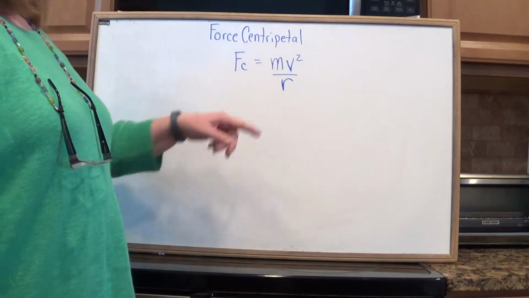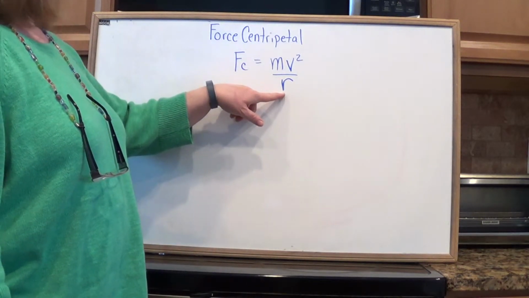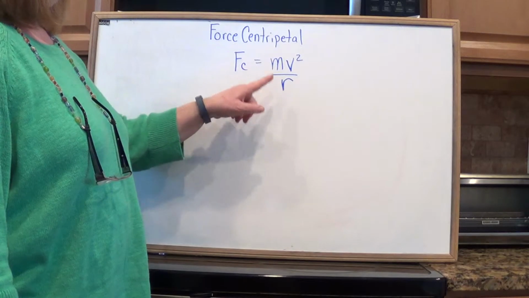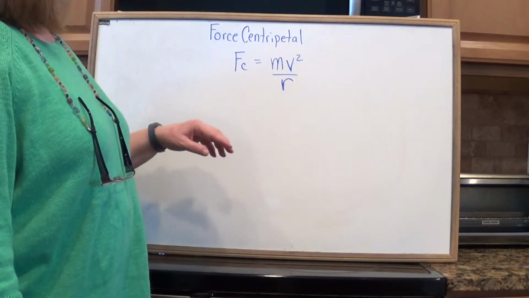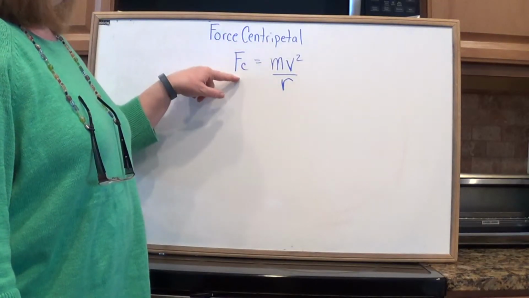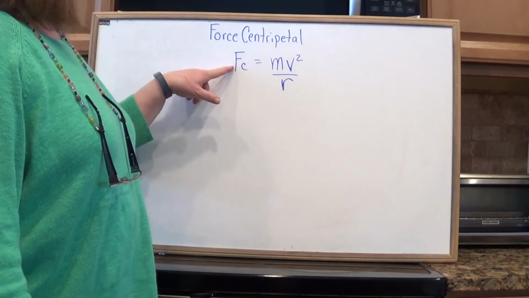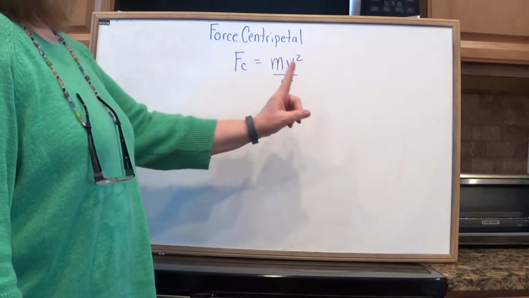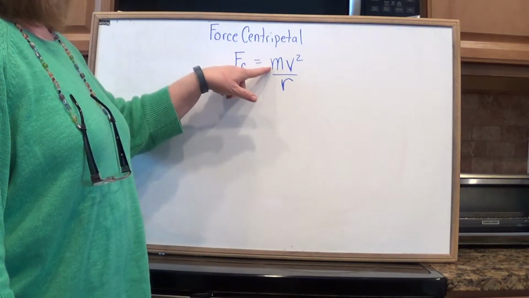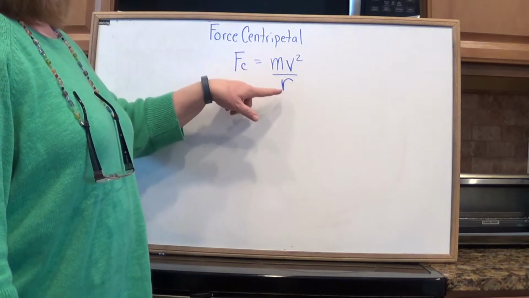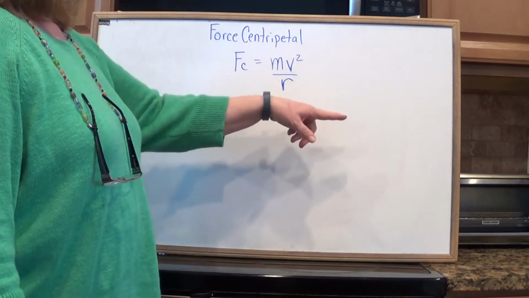In the second part of the lab, we changed the radius. The radius was going up: 0.12, 0.24, 0.36, and 0.48. This time we had 2 hanging washers, so the force centripetal was the same on each trial in part 2. So this stayed the same, the mass that we were spinning stayed the same, and the radius was increasing.